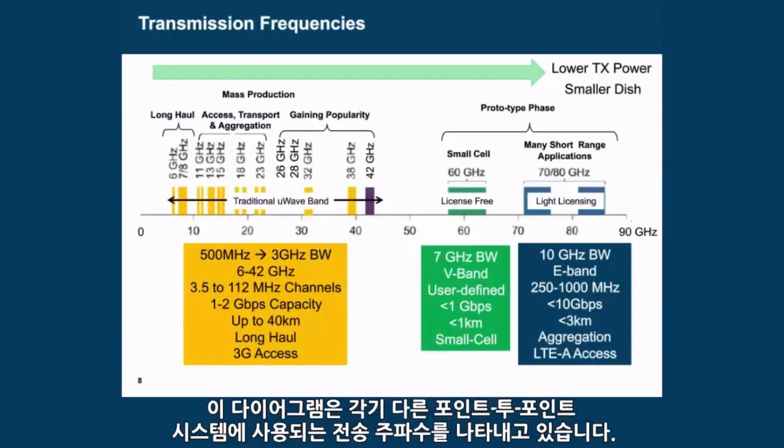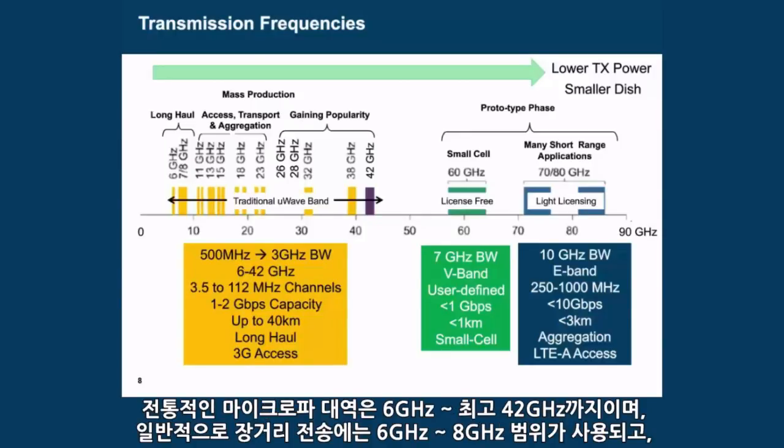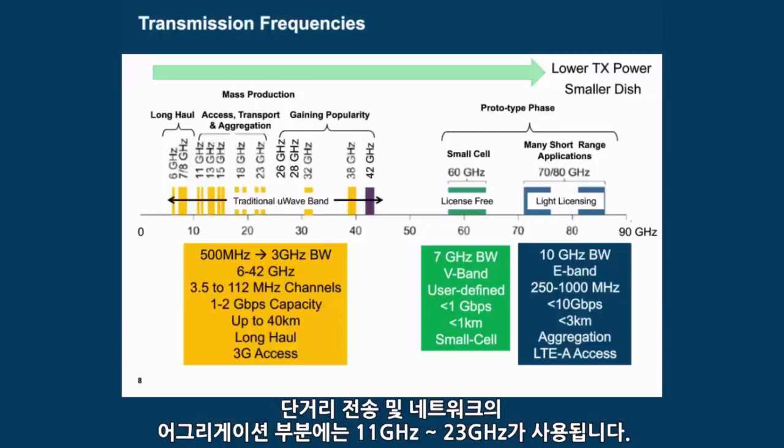This diagram shows a breakdown of the transmission frequencies used in the different point-to-point systems. The traditional microwave bands span from 6 gigahertz up to 42 gigahertz, with the 6 to 8 gigahertz range typically being used for the long-haul transmission and 11 to 23 gigahertz range used for the short transport and aggregation portions of the network.